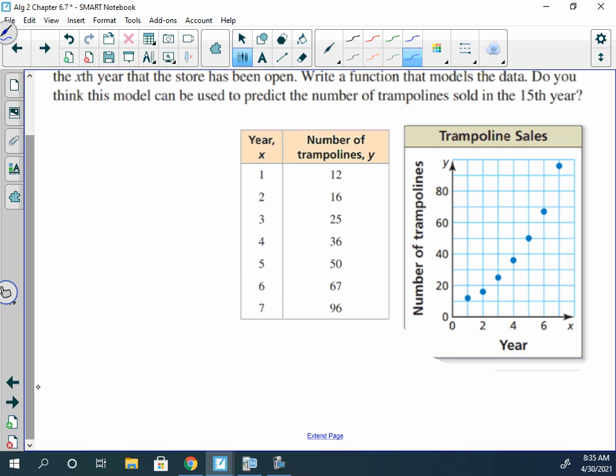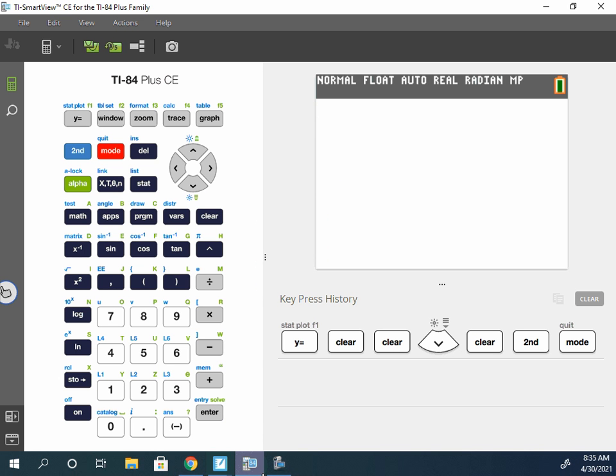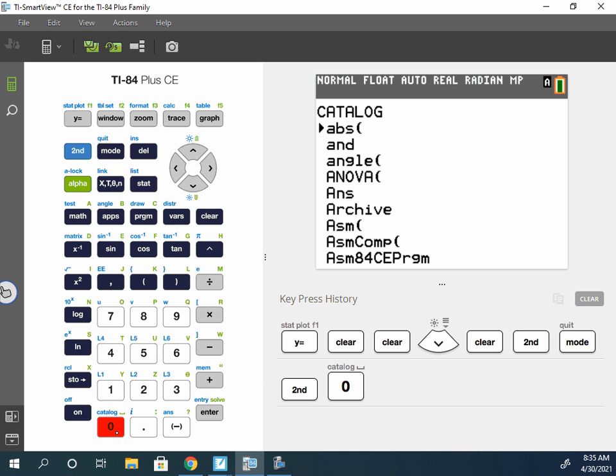So what do you think we could use to help us solve this? The graphing calculator. Let me put both of these down. Now, there's something we want to turn on first. So if you have your calculator, make sure it's turned on, and go second 0, second catalog.